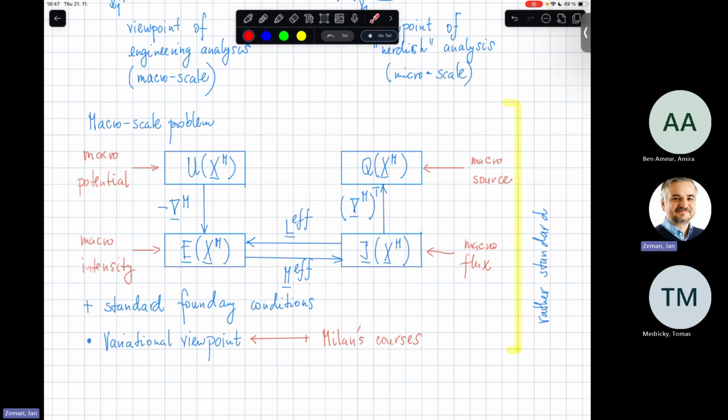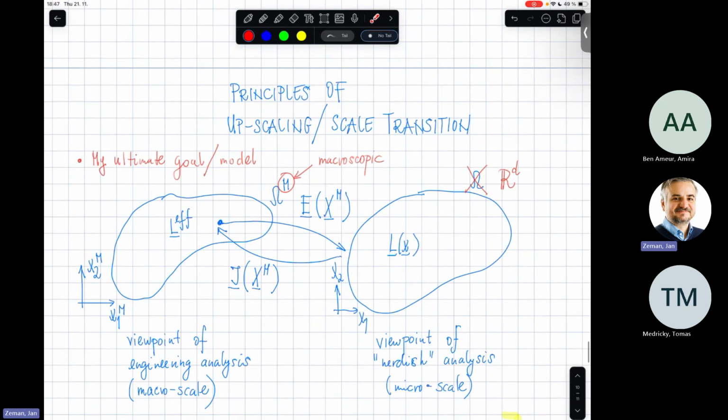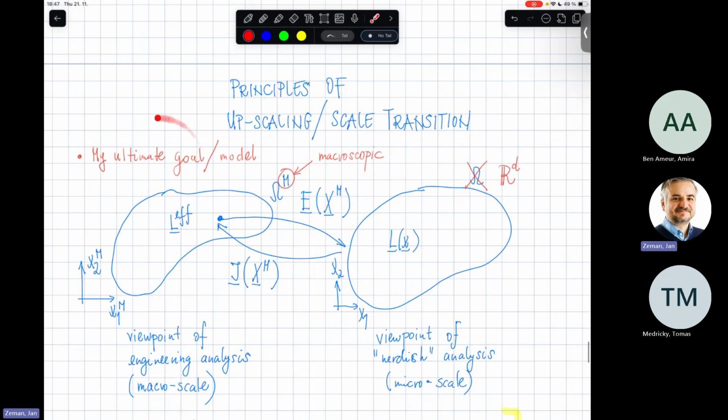So this is basically the story. This is, again, as I told you, my ultimate goal or mindset. This is something I would like to understand and do. And this is also the justification why this makes at least some sense. But now I need to take this into account in a reasonable manner.